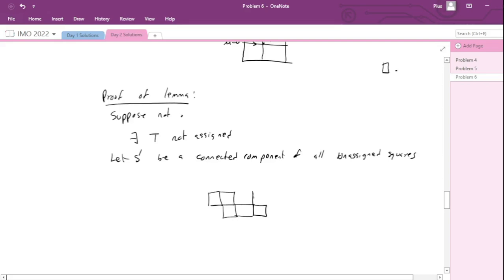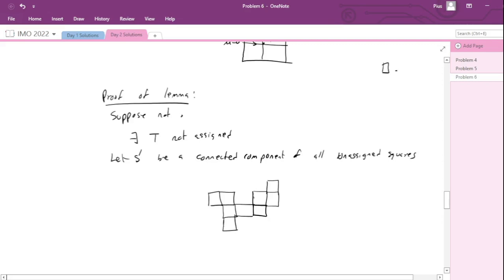So they have to share a side, right? So we keep adding them. So long as they share a side, and they are not assigned, we add that to our collection. So we can keep doing this, but not forever, because we only have a finite number of these squares. Eventually, we would have finished adding everything we could add.